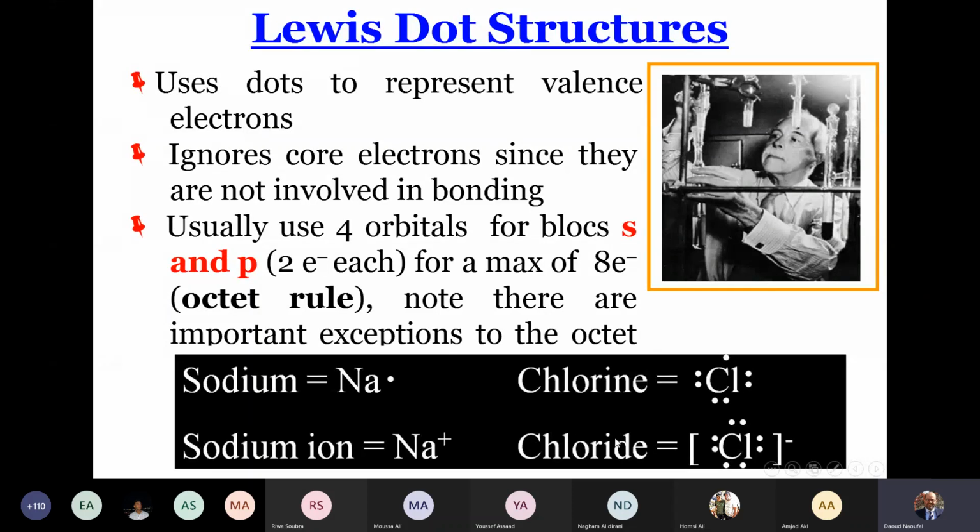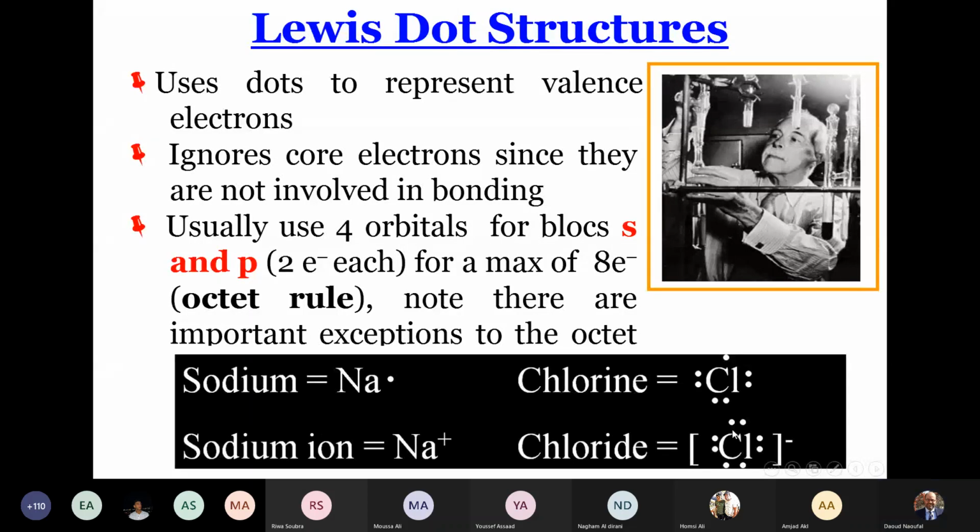For Cl-, Cl- is obtained from Cl by adding 1 electron. So I can add this electron at this point. So we have 2, 4, 6, 8. Pay attention that the brackets and the minus are notation in order to make the difference between this Cl, which is Cl-, and the first, which is the Cl atom.